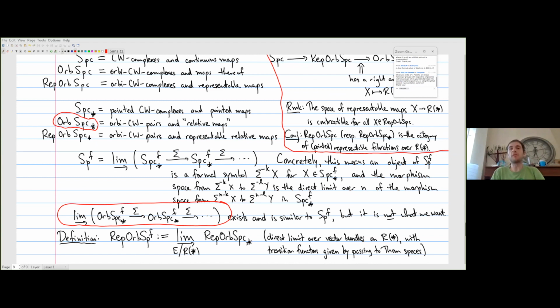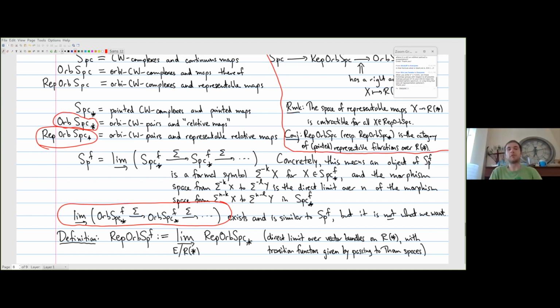So the Orbispace R of a point has the universal property that the space of representable maps from any Orbispace into it is contractible. So all the objects in this category of representable Orbispaces can be viewed as lying over R of a point canonically. In particular, if I have a vector bundle over R of a point, I can pull back and suspend by it.